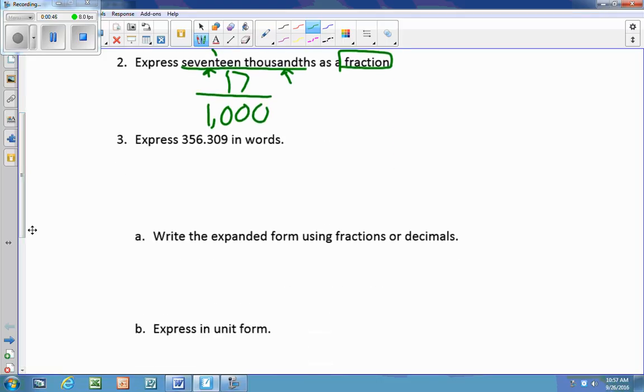Next, we're back to reviewing for stuff we did from the topic A quiz. I want to write this number, but I want it in words. So the first thing that I need to do is look to the left of the decimal. And to the left of the decimal, I have 356.